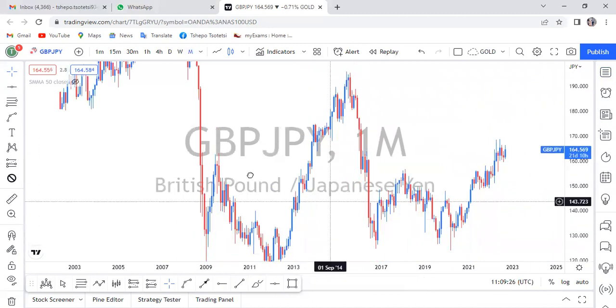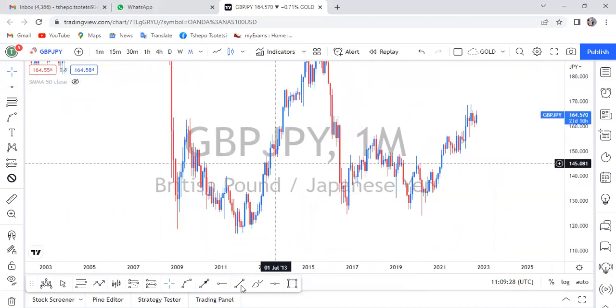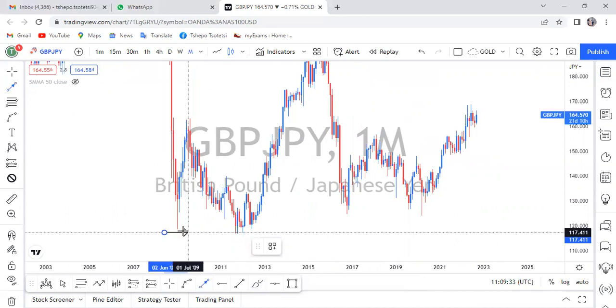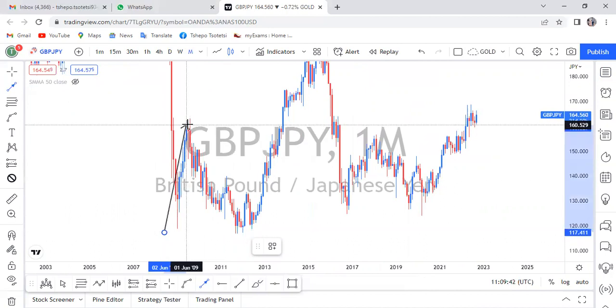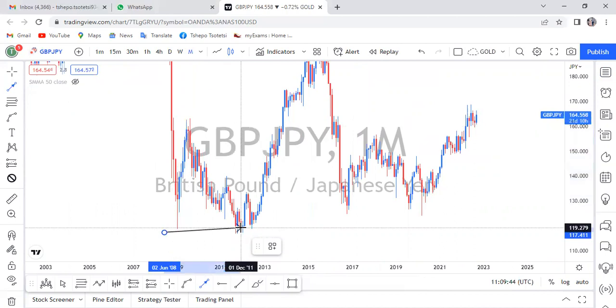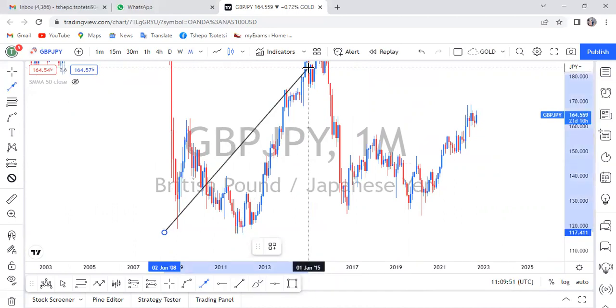If we look at the left here, this is the lowest low. When price got here, it went up, it changed direction. Then it went back down again, and when it got here, it got enough strength to change direction and go up.